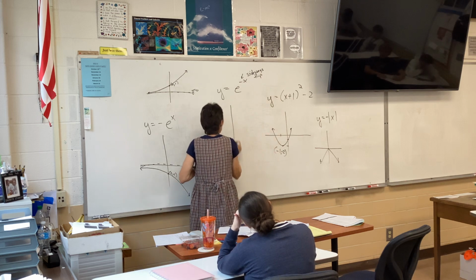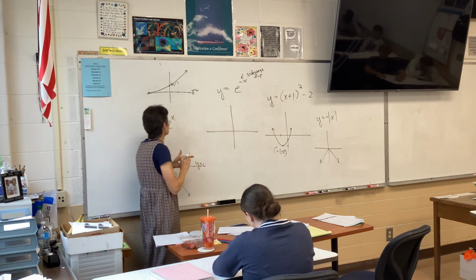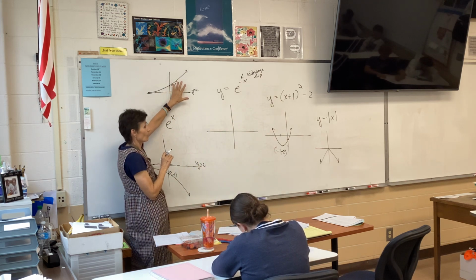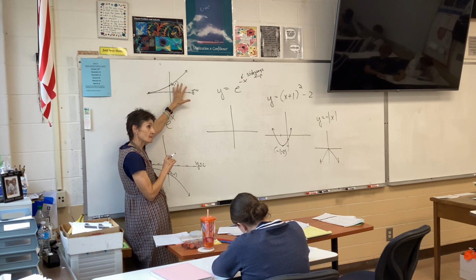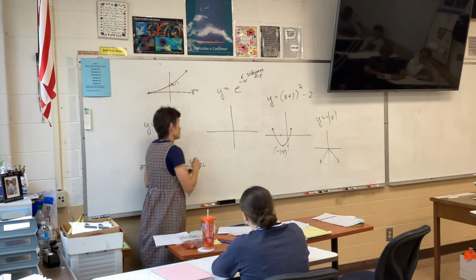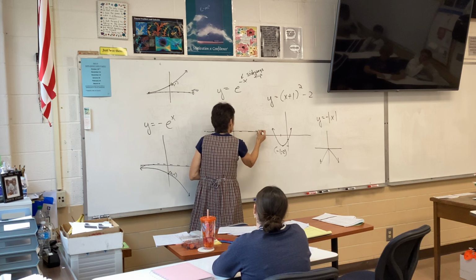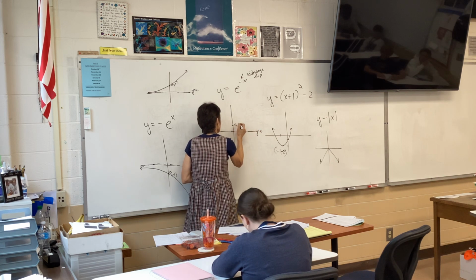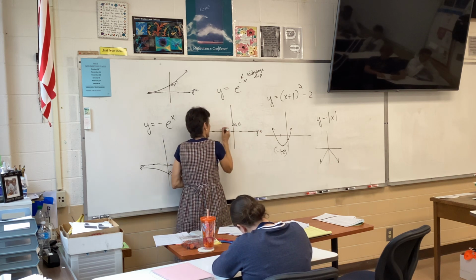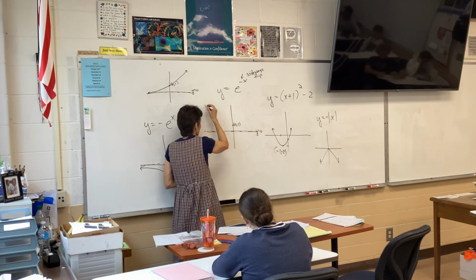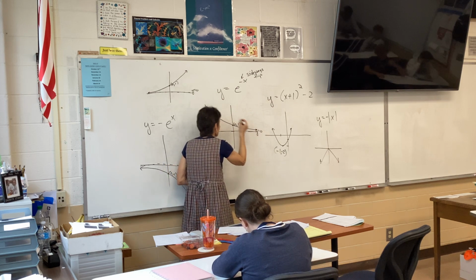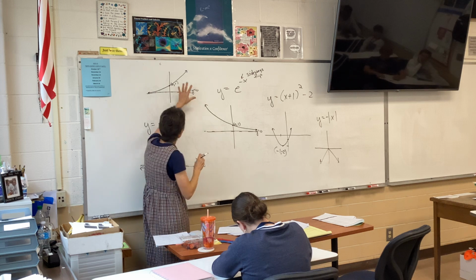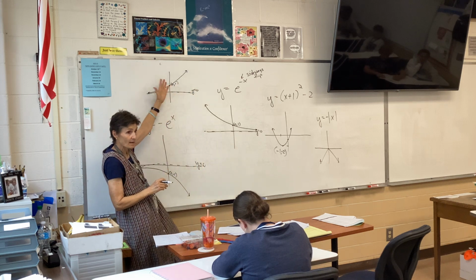So we went back to the original picture and we're flipping it sideways. So the asymptote's still here, the point's still here, but instead of going up like that, it's going to be coming down like this. Does that make sense to you if you flip this sideways?